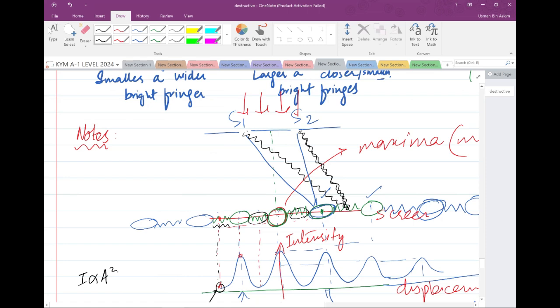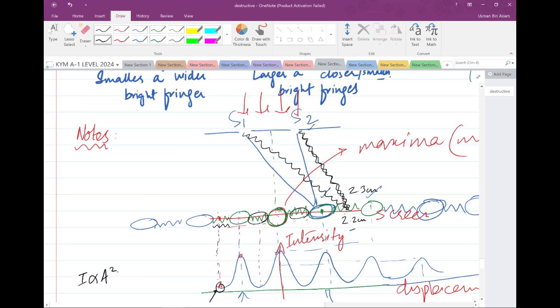You can see the wave coming from S1 would have traveled a further distance as compared to S2. So that means when S1 reaches the minima point or the dark spot, the waves coming from S1 will have slightly shorter amplitude as compared to the waves coming from S2. That means, let's say the wave coming from S2 had an amplitude of 2.3 centimeter and the wave coming from S1 had an amplitude of 2.2 centimeter.